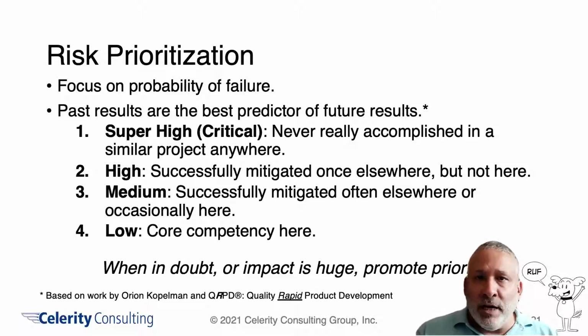If no one's ever done it, it's a super high. A high risk is someone's done it, i.e. we know there is a proof of concept, but we've never done it. A medium is we've done it, but it's not a core competency, and a low is a core competency here.